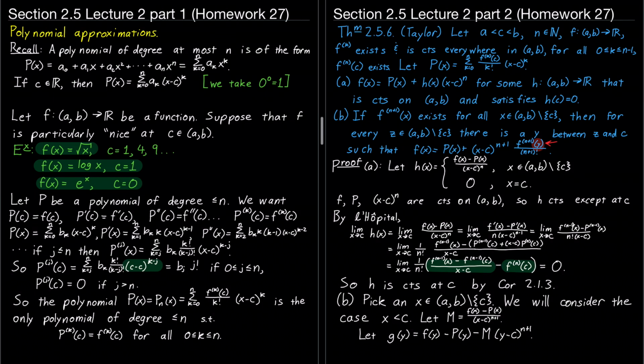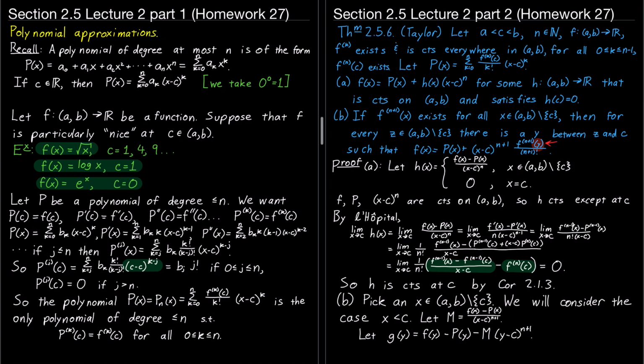Then here's some things to notice. First of all, your polynomial and your y minus c to the power of n plus 1, those are smooth. Those have as many derivatives as you want. And m, as I've just said, is a constant. Our function f, we're assuming, has n plus 1 continuous derivatives.